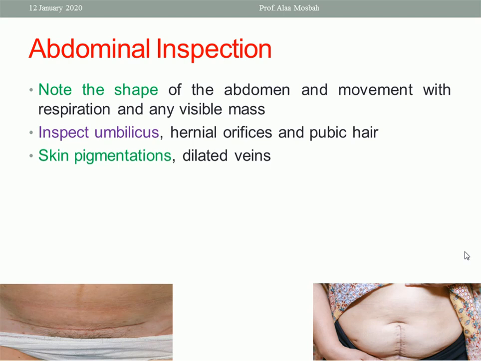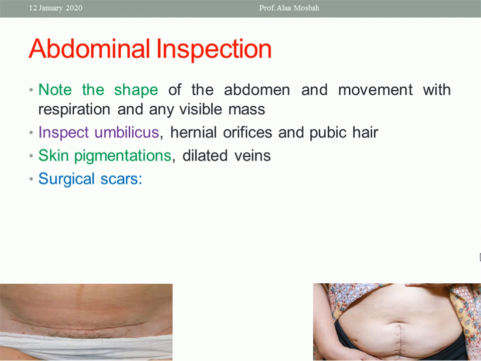Feminine hair, of course, is a triangle with its base up, while in masculine or male-like pubic hair it reaches the umbilicus, a triangle with apex up, not the base. Look for skin pigmentation or dilated veins.